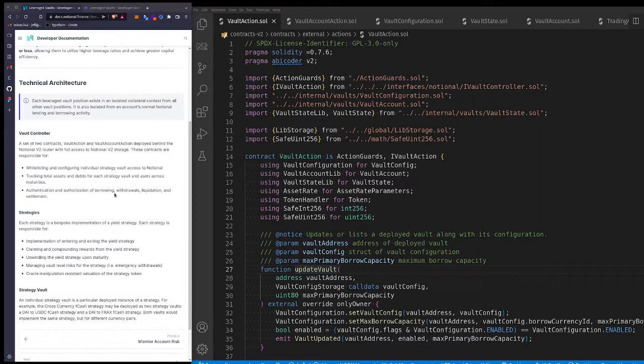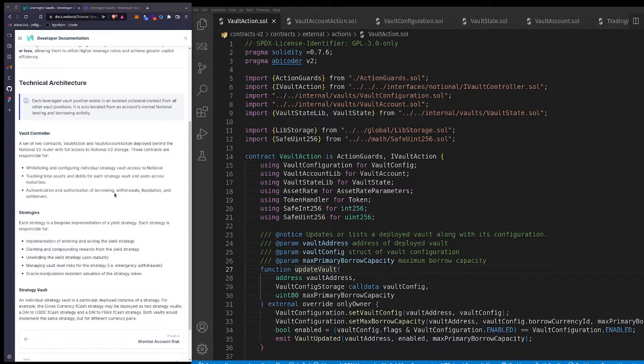Whether or not that position is liquidated is basically isolated from what is happening within each leveraged vault that an account has a position in. So even two leveraged vault positions will be isolated from each other, and each one will be liquidated independently from the other.